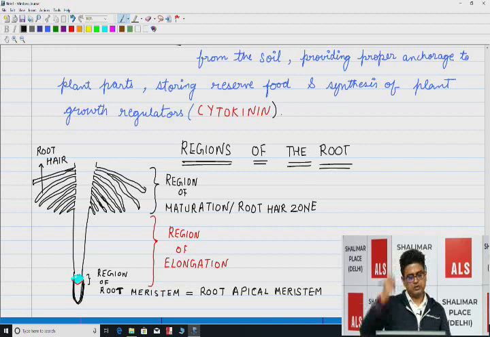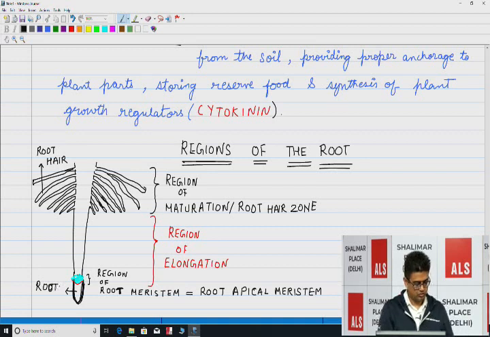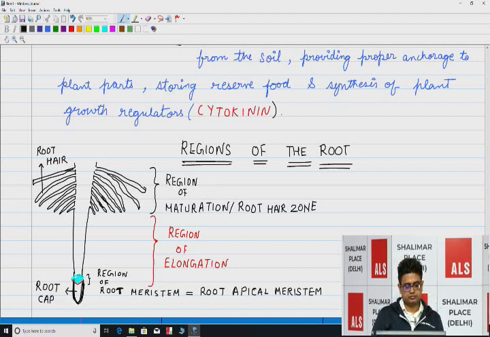Now just below this is the area called root cap. This helmet-shaped structure is called root cap. These are the regions of the root.